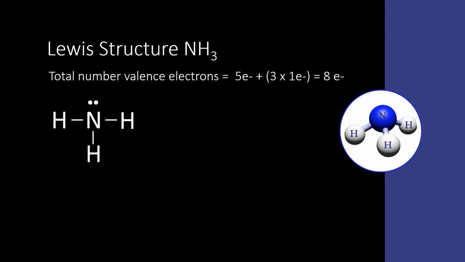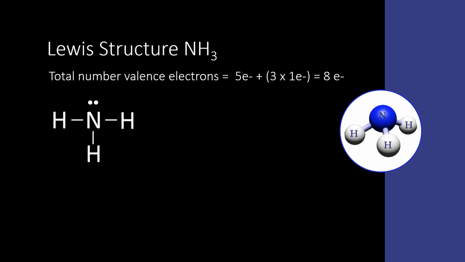And now is the point in time where we want to count up how many electrons we have actually used. 2 for each covalent bond, so 2, 4, 6, and then an additional 2 for our lone pair equals 8 electrons. So now we have a match between our Lewis structure and the number of electrons we counted up, which is a good thing.